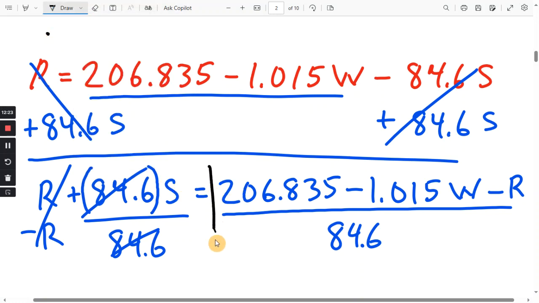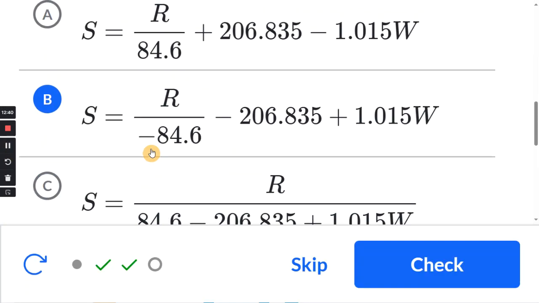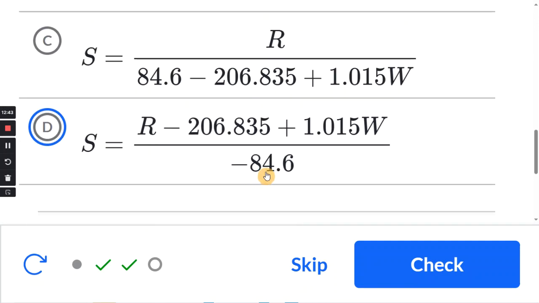S equals 206.835 minus this mess here. Okay, the numerator might be in a different order. Let's check. Our denominator should be 84.6. So let's check it out. Okay, they only have one answer where the common denominator is 84.6, but it's negative. Okay, ours was positive. So if you put a negative in the denominator, you just change the plus minus sign on each term in the numerator. Let's do that on our answer and see if it matches this one.